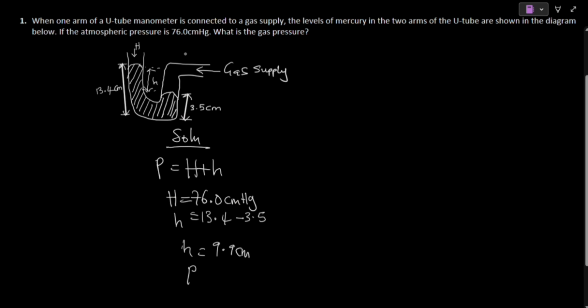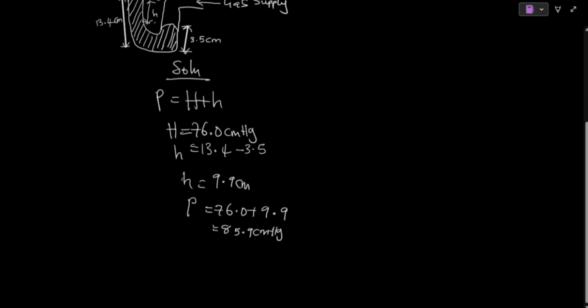Therefore, the pressure of this gas is simply 76.0 plus 9.9, and the pressure is given by 85.9 centimeter mercury.